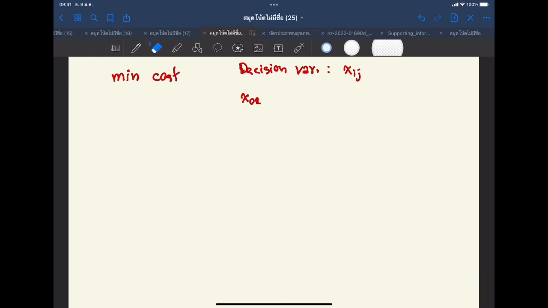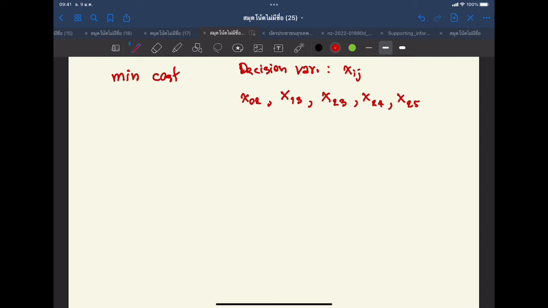Beside that one, we have x02, then we have x13. Okay, and for node 2 we have x23, we have x24 and x25. Okay, for the flow to node 2 later we will consider.